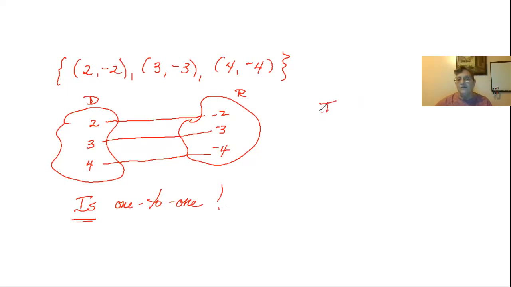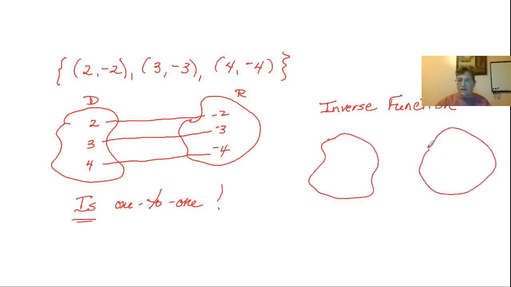Now for the inverse function to exist, it has to not only be an inverse, but it has to be a function. For the inverse function, you switch so that all of your range elements are now your domain elements. So for the inverse function here, the range becomes the domain. So the inverse would have -2, -3, and -4.